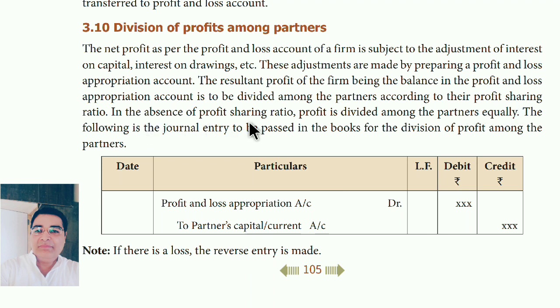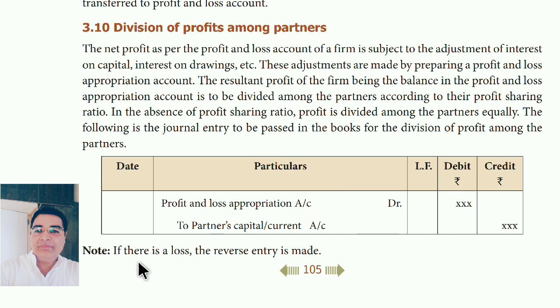In the absence of a profit sharing ratio, profit is divided among the partners equally. The following is the general entry that should be passed: Profit and Loss Appropriation Account debit to Partners' Capital Account, if it is profit.